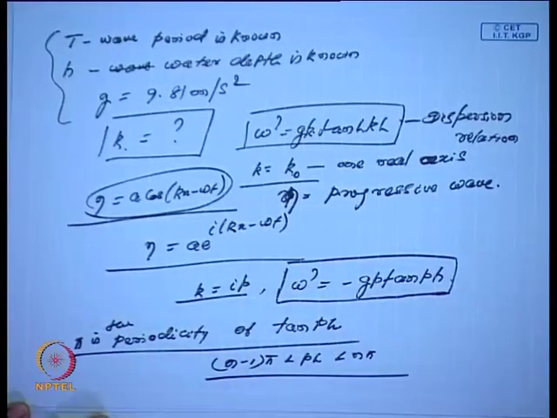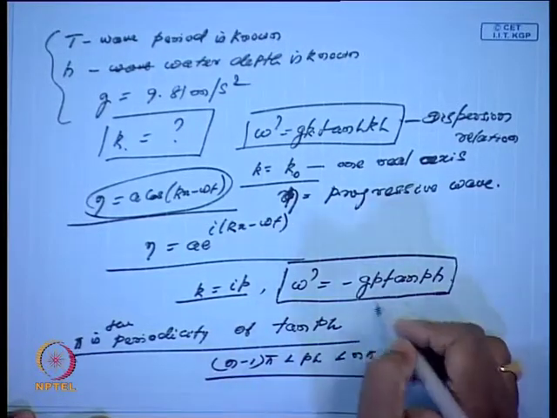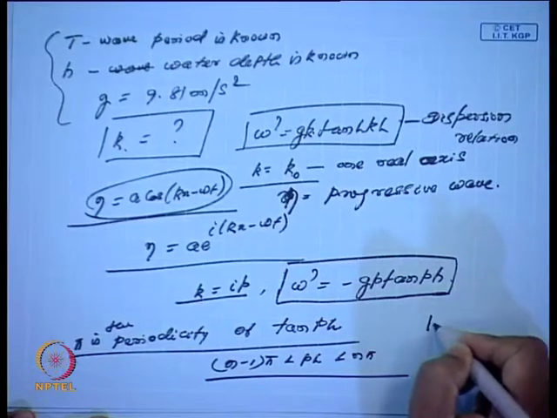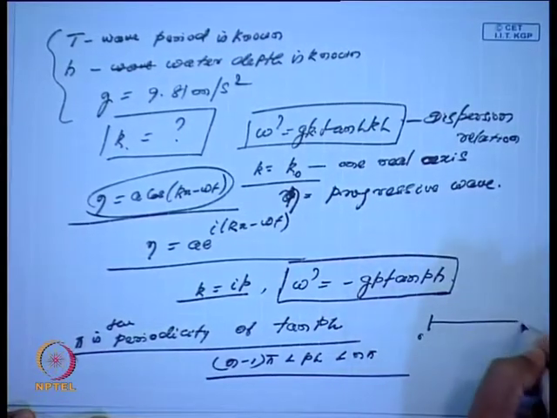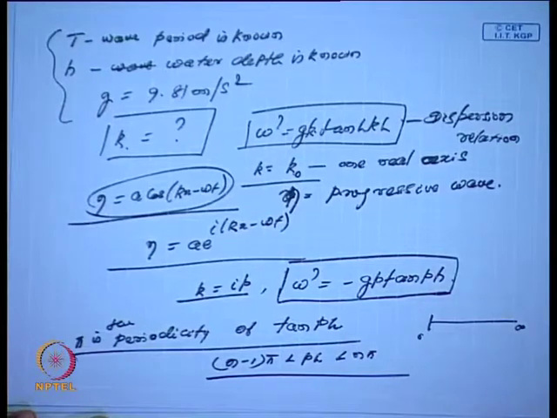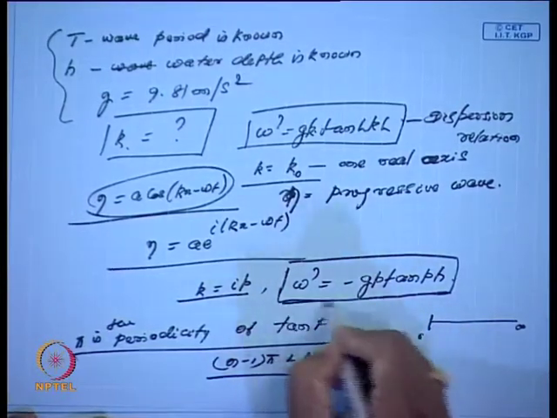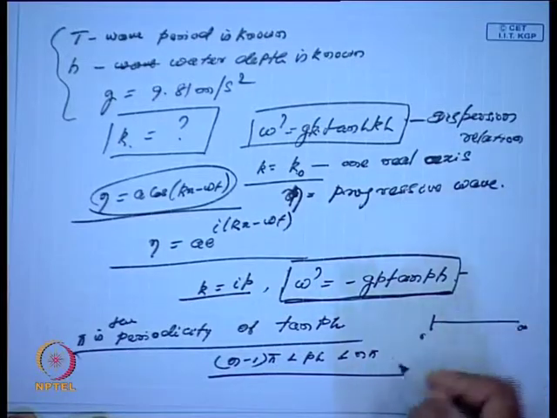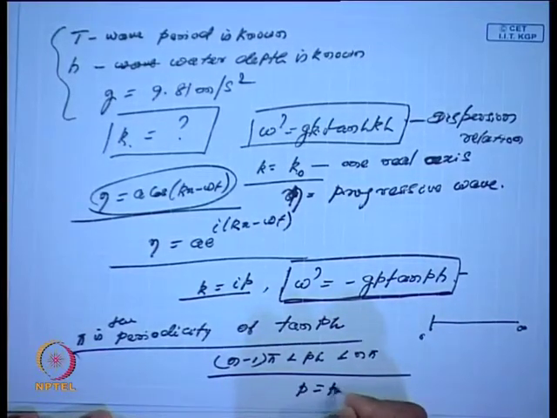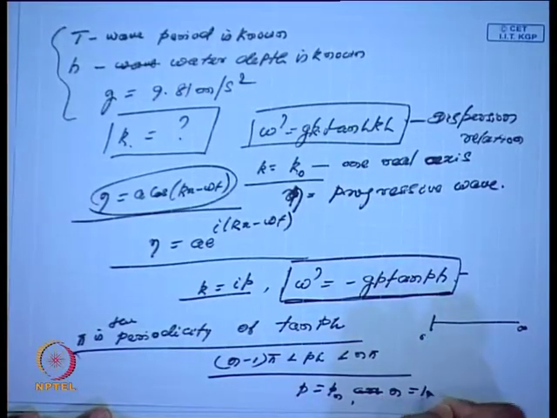In each interval of pi I can get a different p h. So, if I look in the positive axis, from 0 to infinity, then in every interval of pi I will have a root. So, in this process I can easily get infinitely many roots. I call this p is equal to p n, for n is equal to 1, 2, 3 up to infinity, there are infinitely many roots.